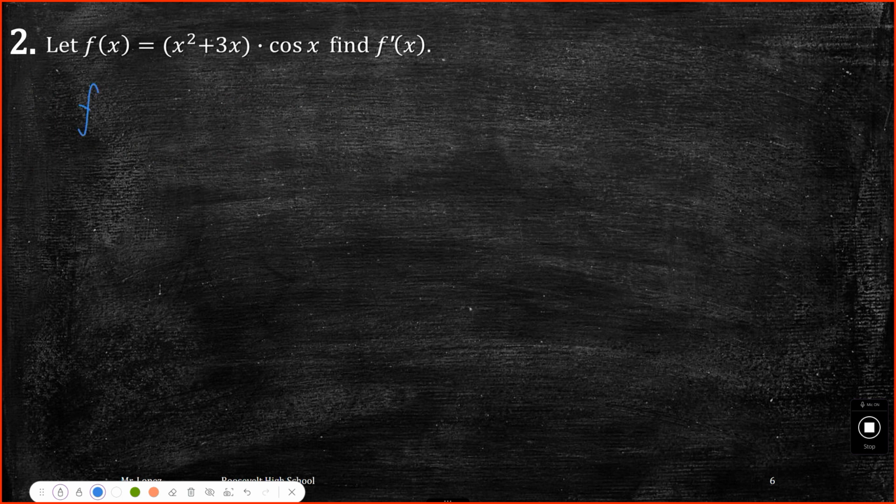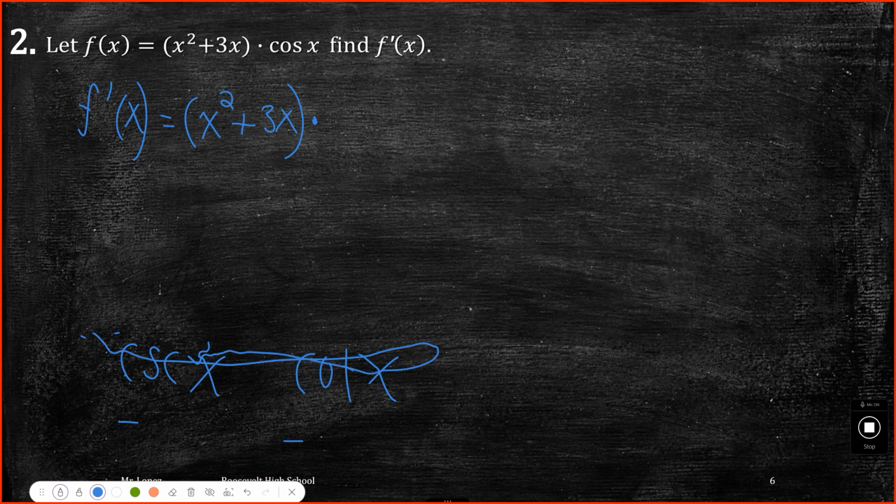F prime of x. The first, leave it alone, the first times the derivative of the second. What's the derivative of cosine x? If it starts with a c, any trig function, it's going to have a negative in front of it, the derivative.